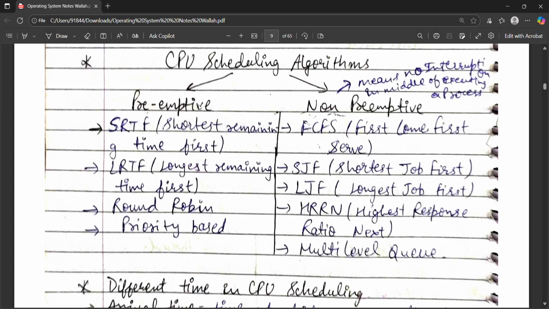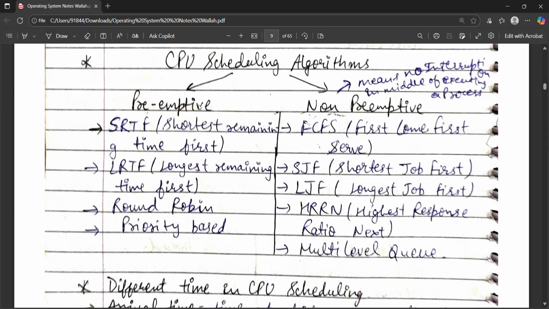Just remember: in non-preemption we are not permitting, and the currently executing process completes and terminates before another process goes. But in preemption we are permitting. If p1 is executing and p2 comes with a higher priority, in preemptive we will allow it, but in non-preemptive we will not.